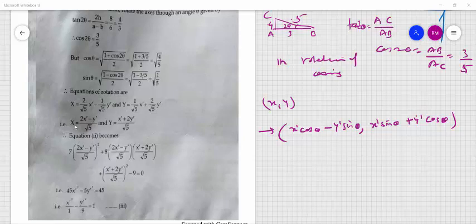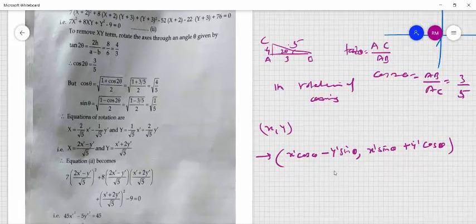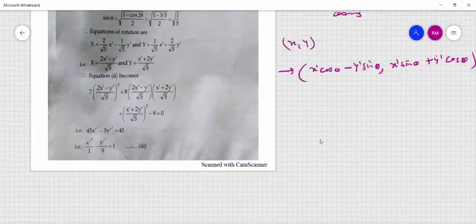So we get in short the value of capital X and capital Y. So substitute in this formula, equation 2. So we get this one, and just simplify, we get equation 3.